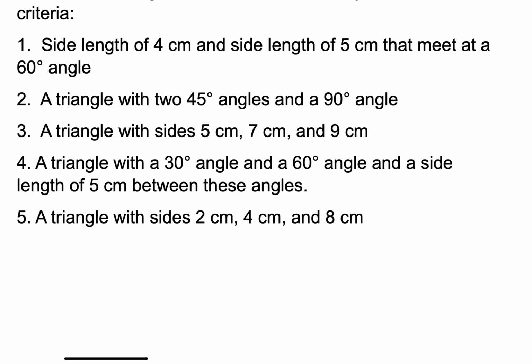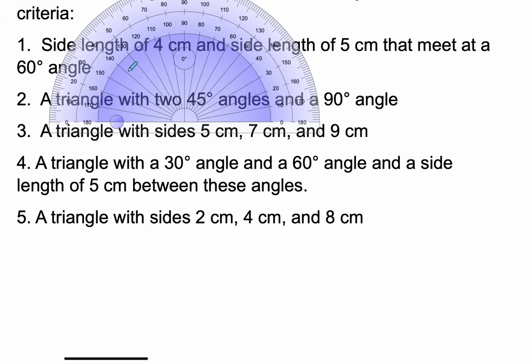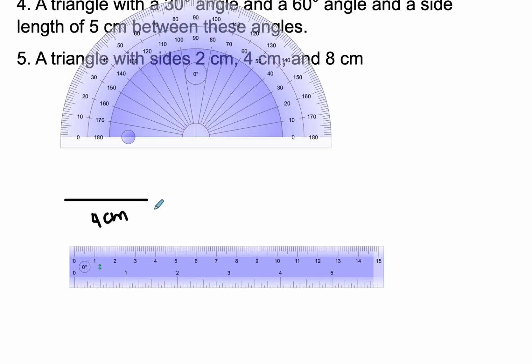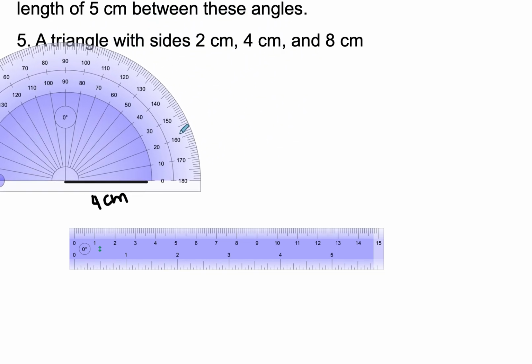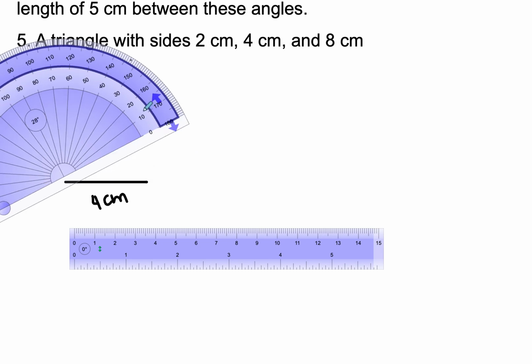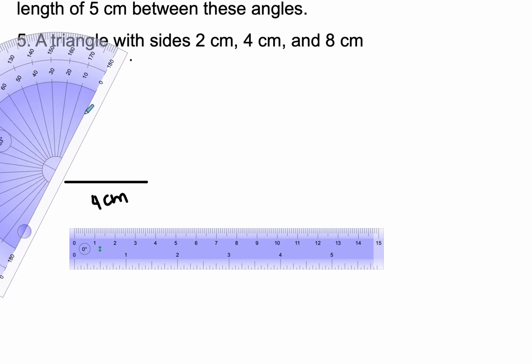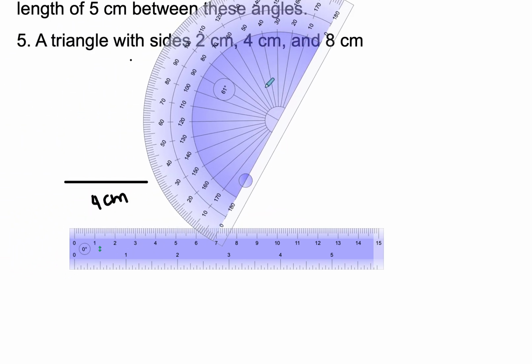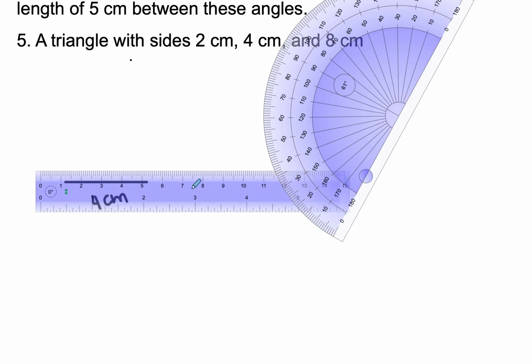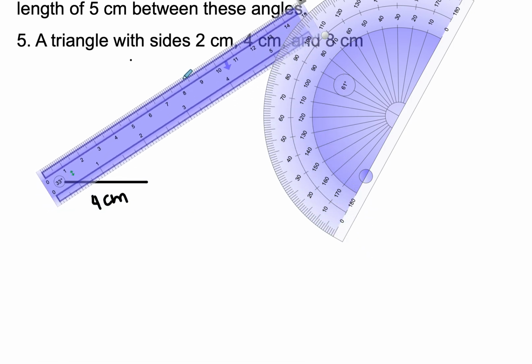Okay, so I need a protractor as well. Let's bring it down. 60-degree angle. Okay, so actually I lined it up with the wrong thing. Now I'm doing 5 centimeters.